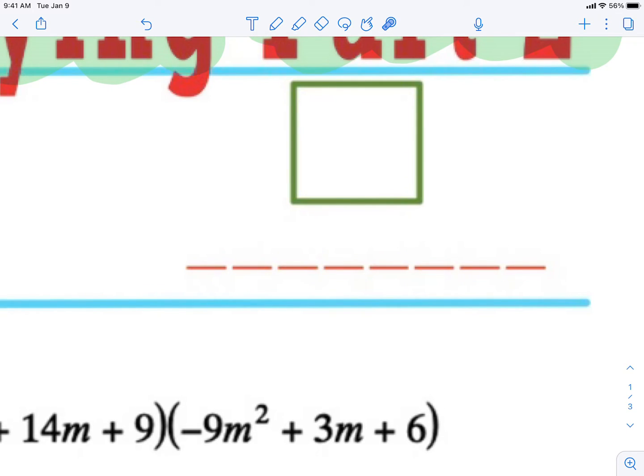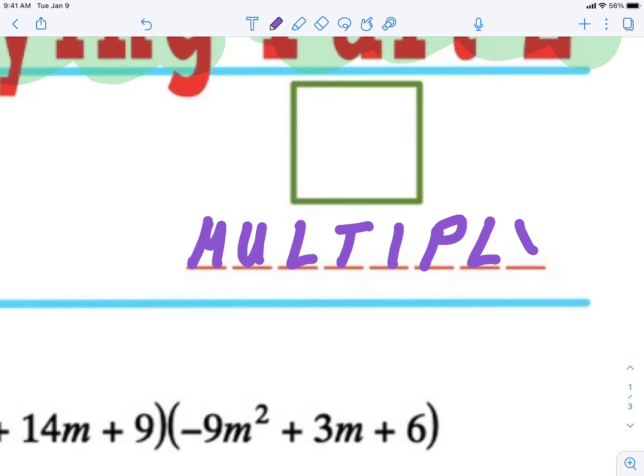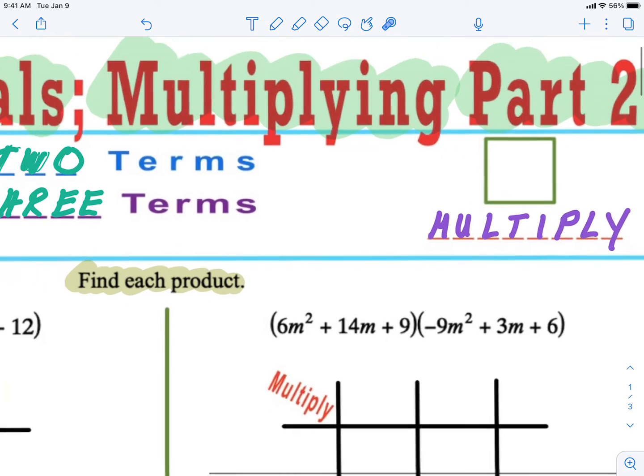We're going to box multiply, and I'm going to show you what that looks like.